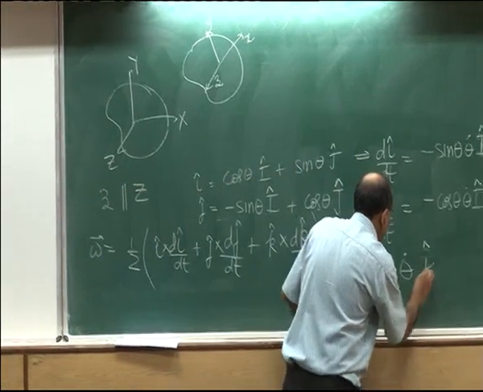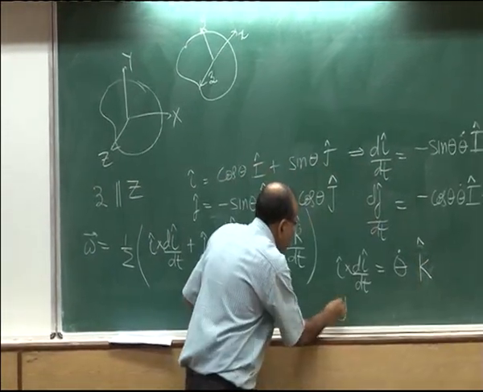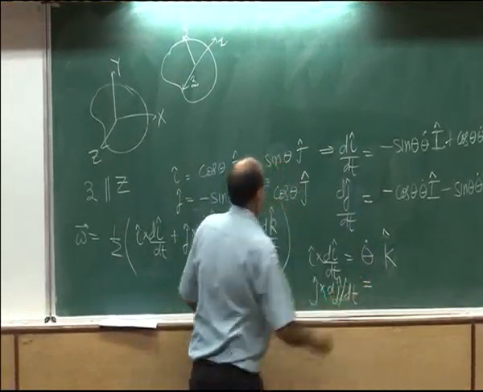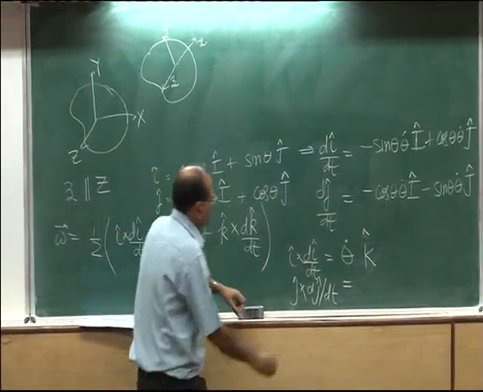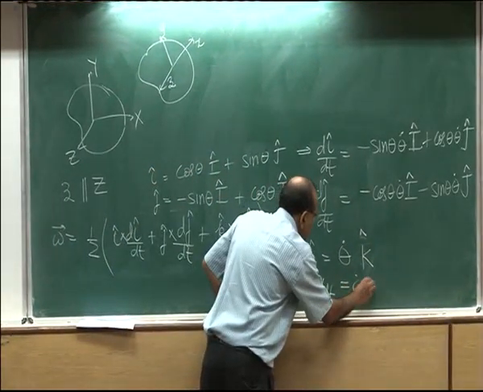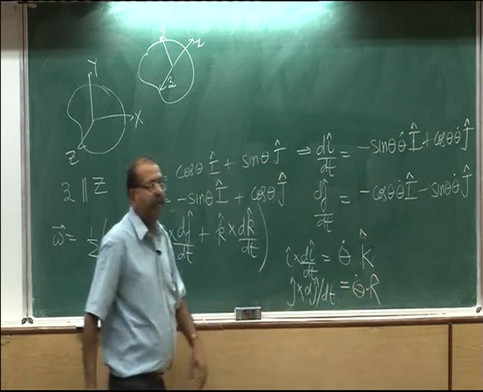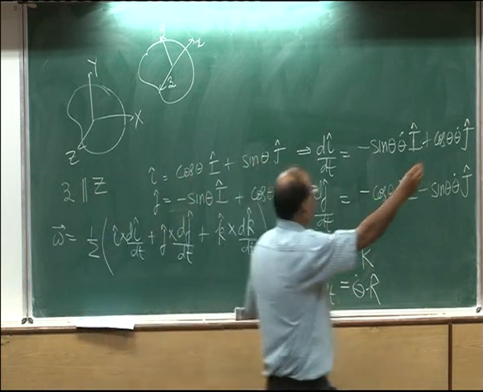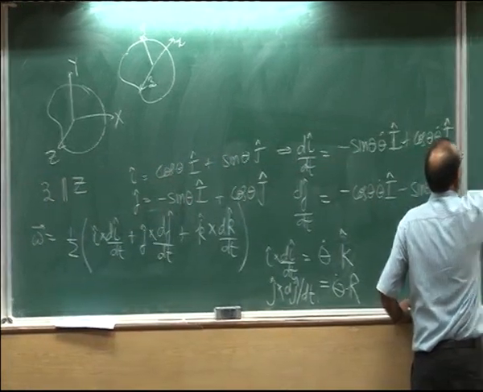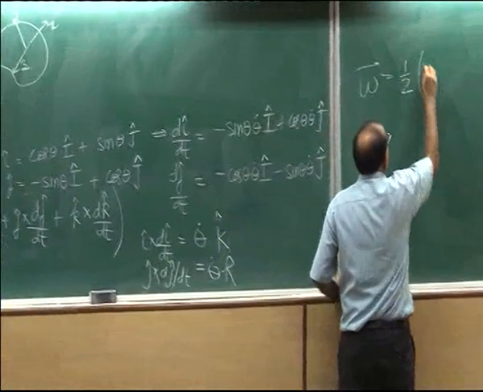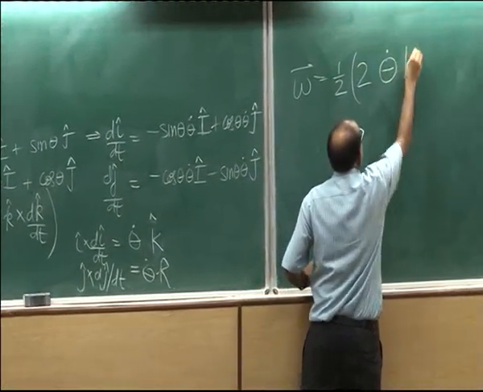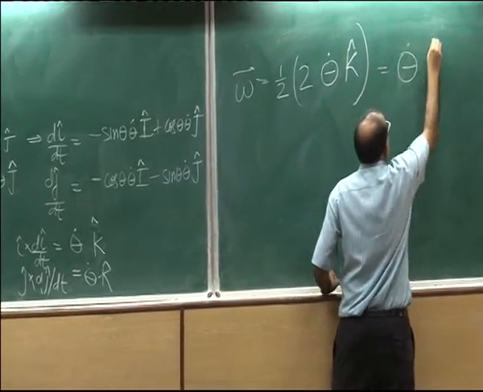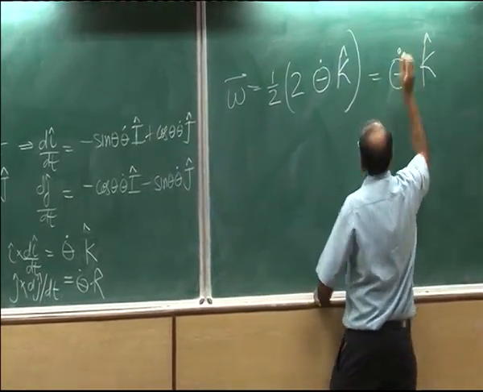Sorry. And j cross dj by dt, again I will get theta dot k. Okay. So that means omega will be equal to half of 2 times theta dot k. This is equal to theta dot k.